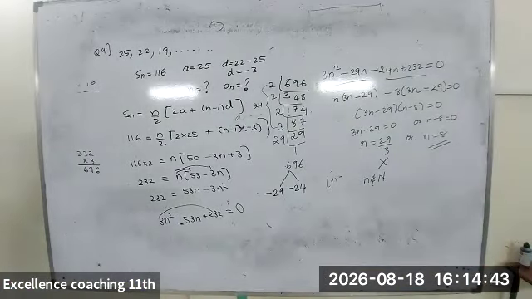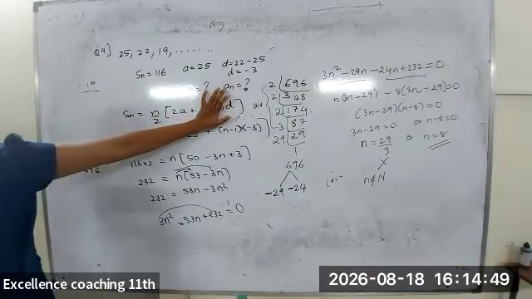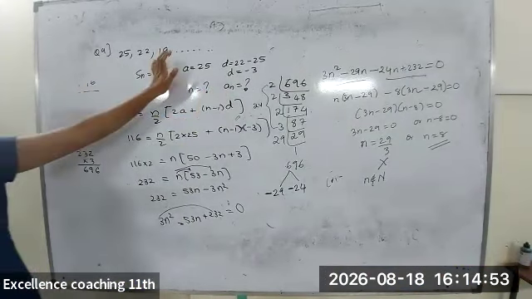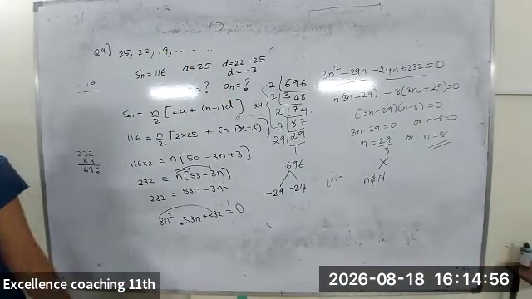We are not still done with the problem. We just got the value of n. One more step is there. Last term we have to calculate, the nth term. So there are 8 terms in this series actually. N is 8.